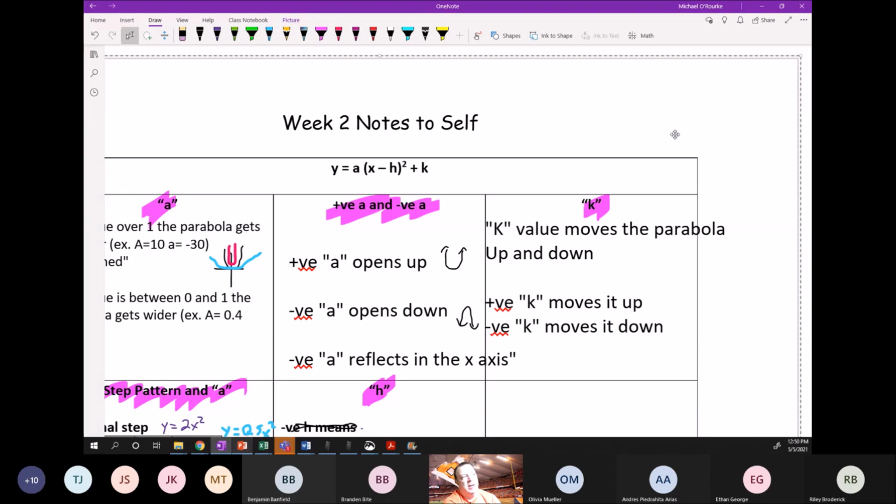A positive K moves it up. A negative K moves it down. Then we'll start to put it all together. Put a D in chat when you're all done writing that up.